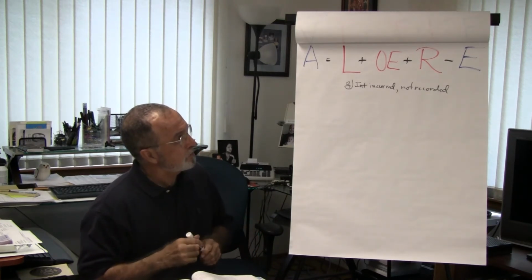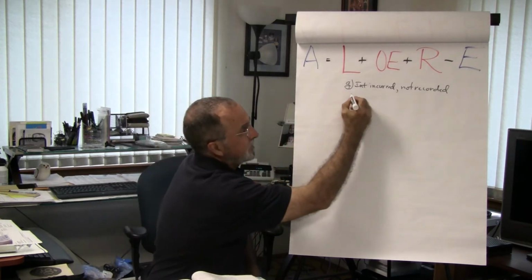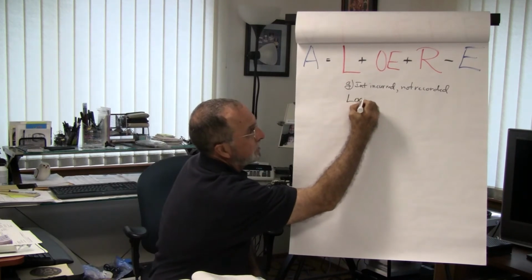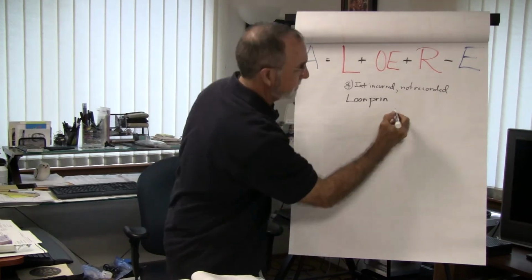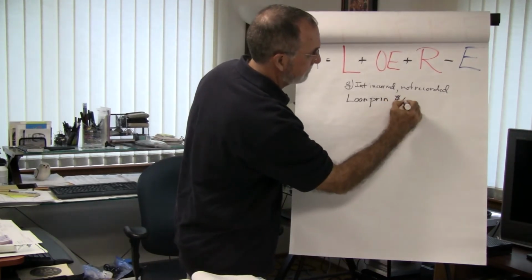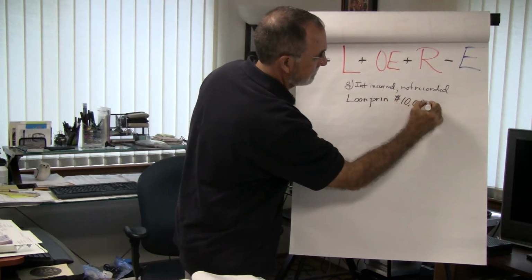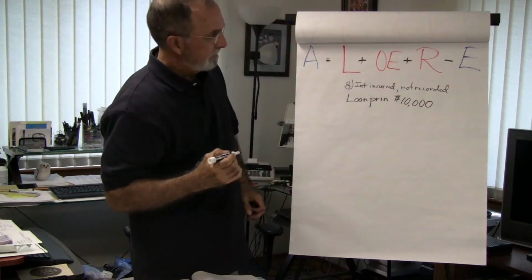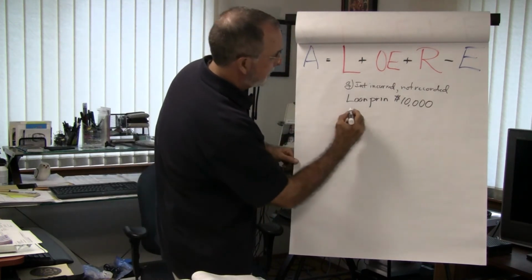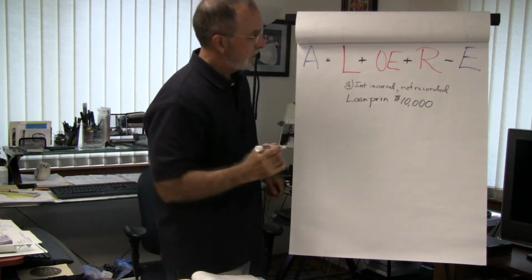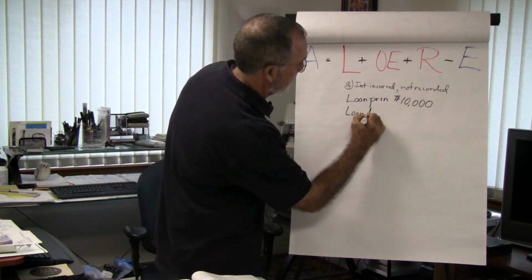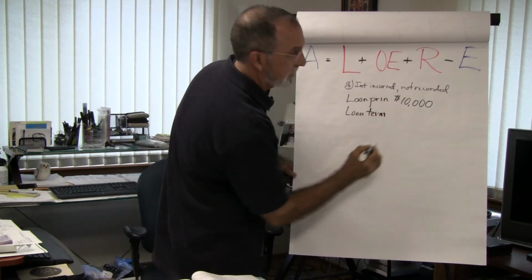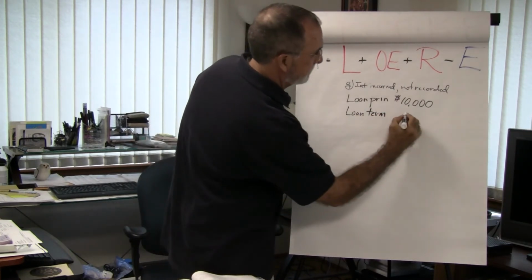To make a simple example, let's say our loan principal is $10,000. And let's say our loan term is for 3 months.